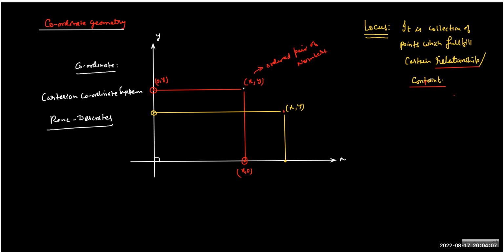So the question is, what kind of constraint is followed by a straight line? Tell me. No idea.